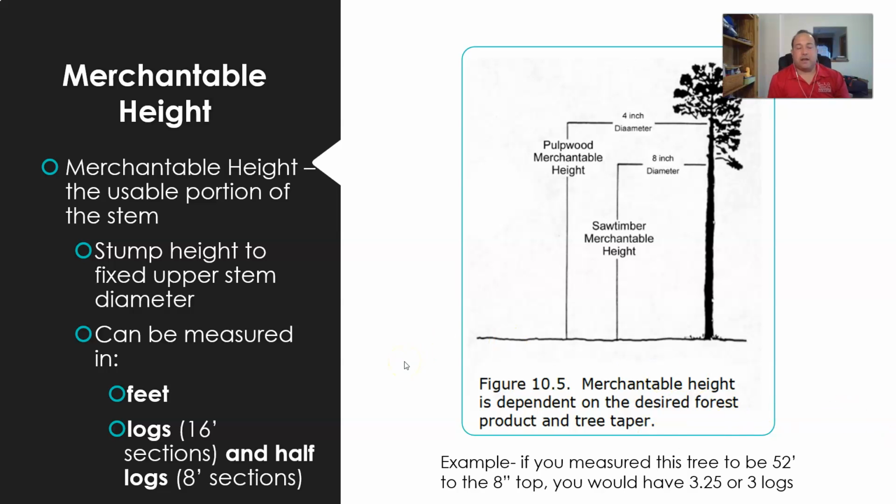Now, when you get better and you're cruising and you're doing much more estimating in your cruising, you're going to be able to just start estimating tree heights and looking and just say, okay, there's the bottom, there's the top, 1, 2, it's about a 3-log tree. There's your tree height. So that's why merchantable height really becomes much more of an art form, and it's pretty impressive when you see people who are very good at figuring it out.